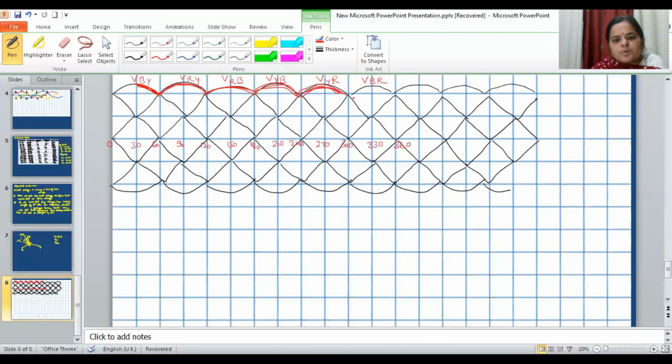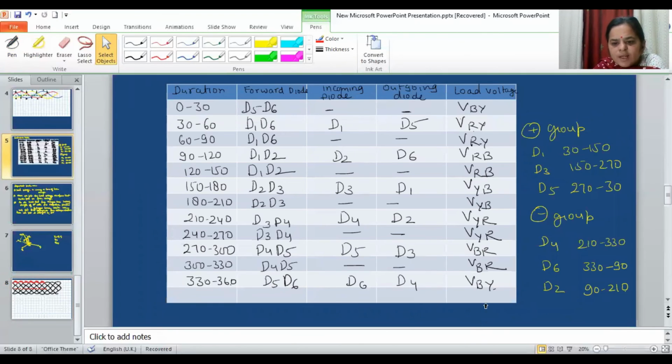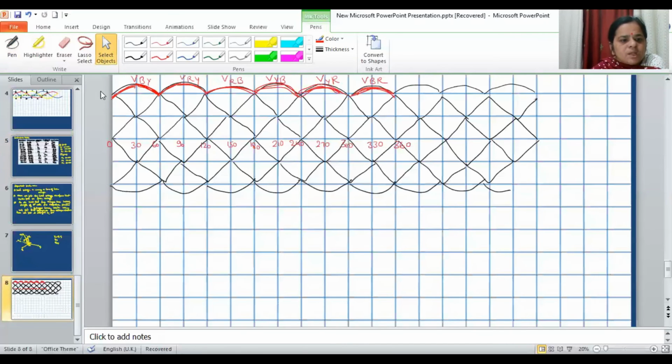This thicker line which I am overwriting with this red color. And here also, because 330 to 360 we are getting VBY. When we plot on line voltage, we will plot between 0 to 30. So this red portion waveform will be the load voltage waveform.